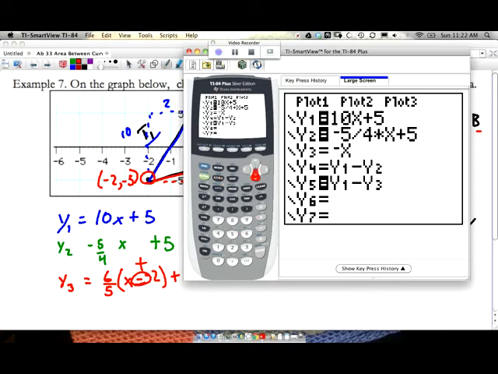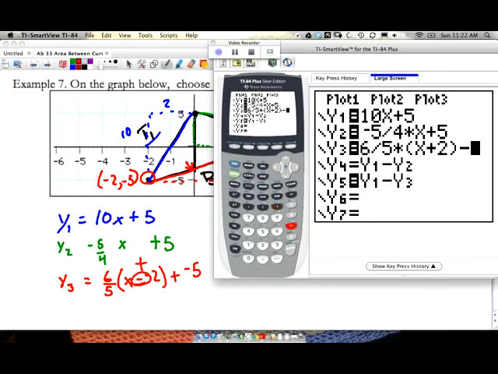Then for the third one, we've got 6 divided by 5 times, let's put a times in there just so it doesn't get too confusing, times, oh, nope, we need parentheses, x plus 2, and then it finishes off with minus 5. So the first one is going to be blue minus red, so that's y1 minus y3.